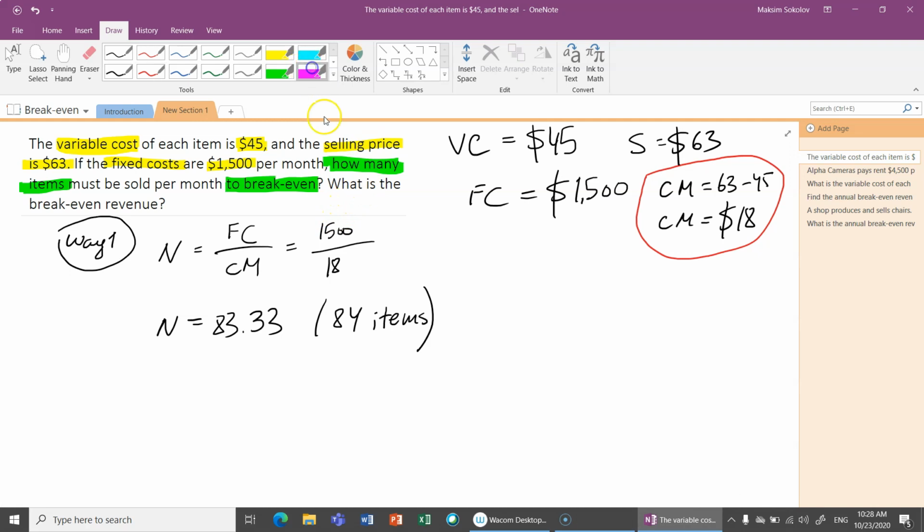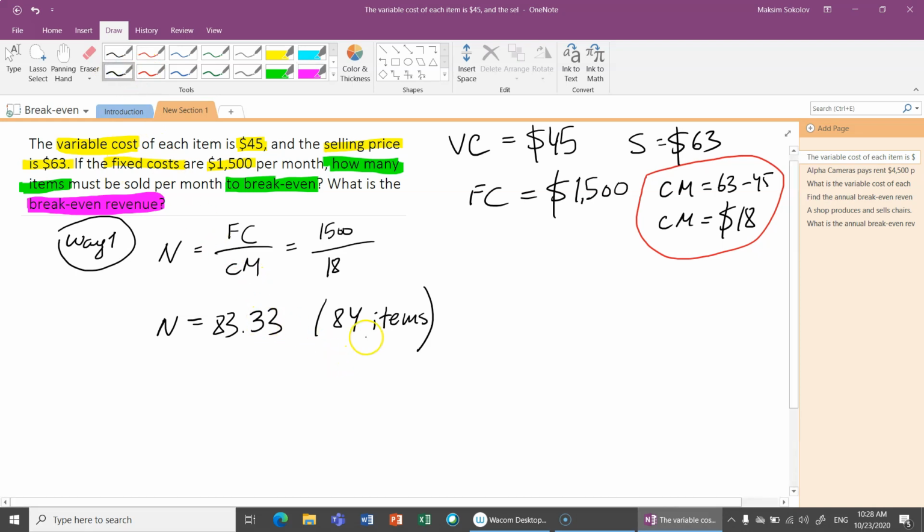Another question here is, what is the break-even revenue? So this word revenue means amount in dollars, and break-even revenue means the amount of dollars that we have to process in order to break even.